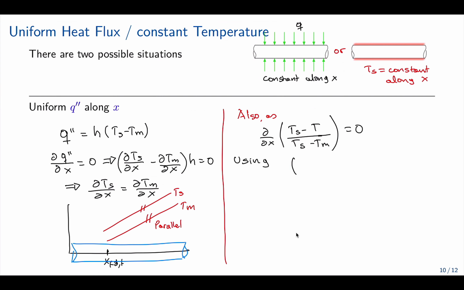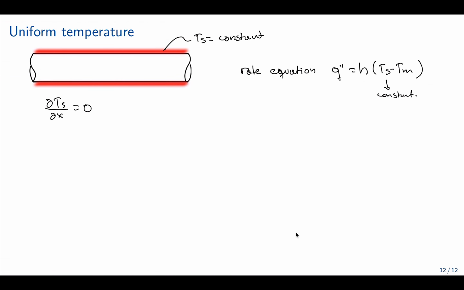And remember that H is constant. So a fluid parcel in the pipe will increase its temperature as it moves forward. The mean temperature will increase as we move from one region to the next. It will keep increasing the temperature.